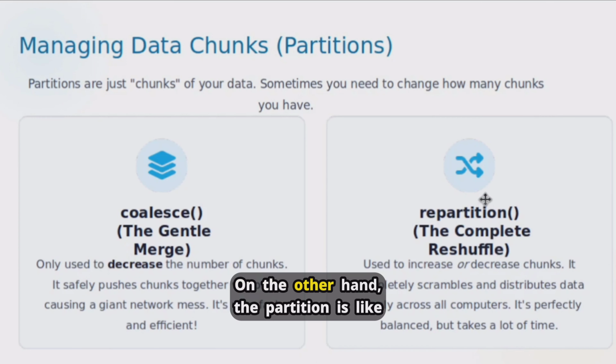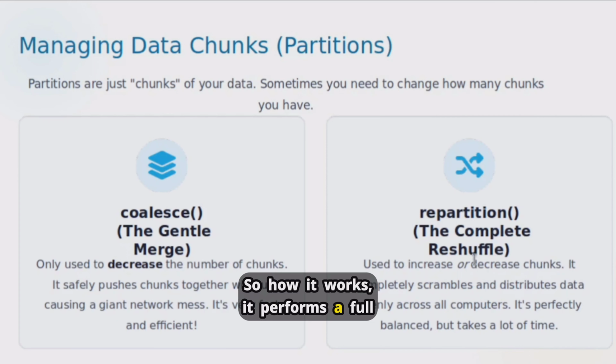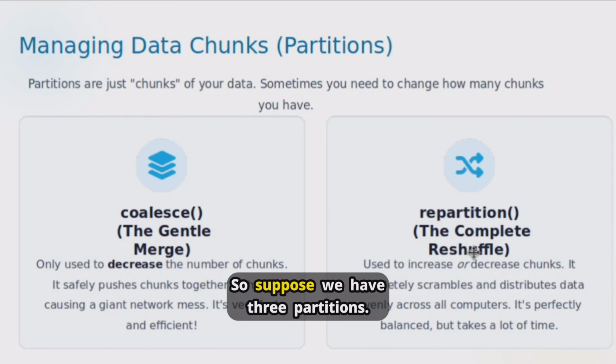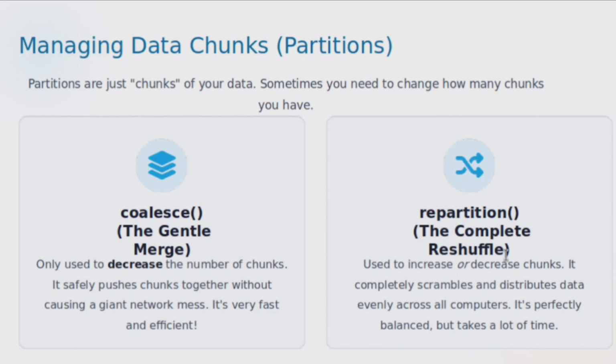On the other hand, repartition is like a redistribute approach. It performs a full shuffle basically. It spreads your data across the entire cluster to ensure every partition is perfectly balanced. Suppose we have three partitions, one partition is fully overflowed and the third partition is empty. It will redistribute the data in a way that every node will have an equal amount of data.